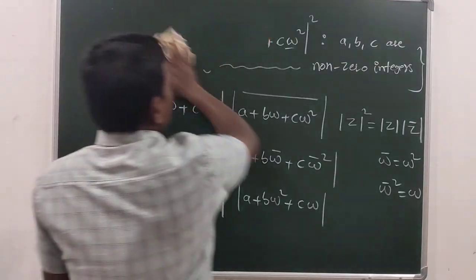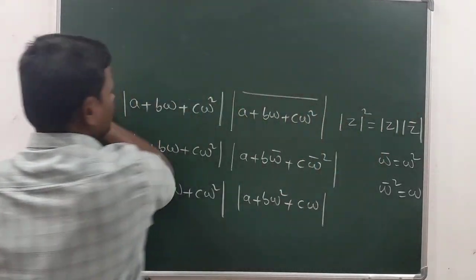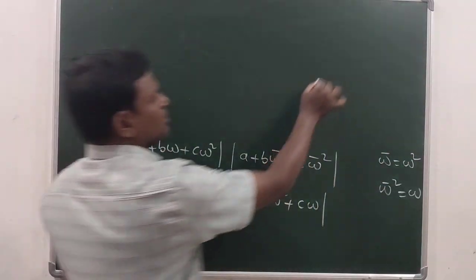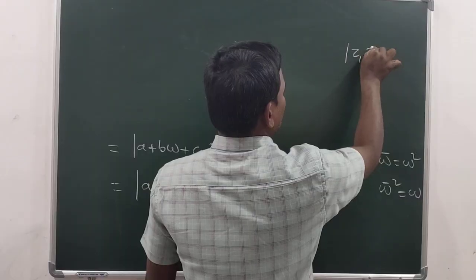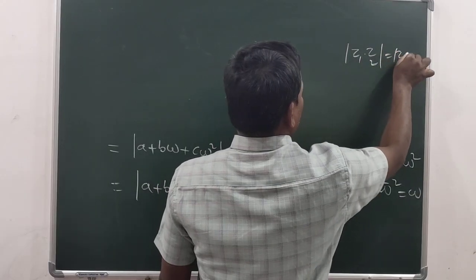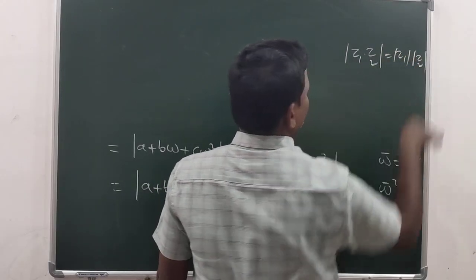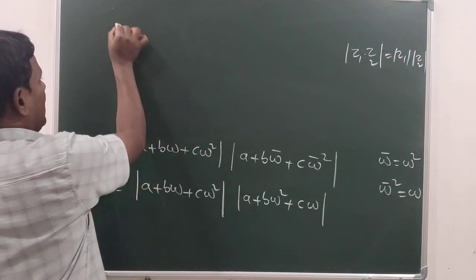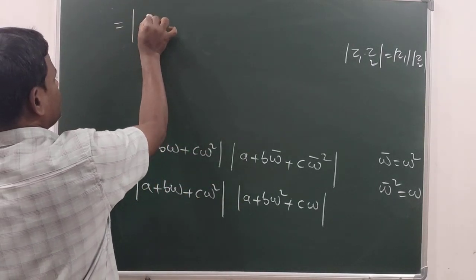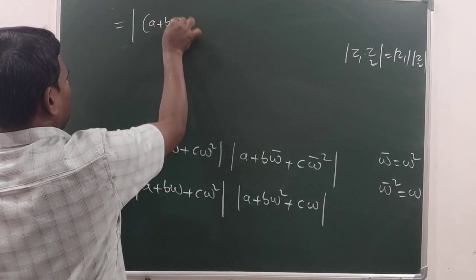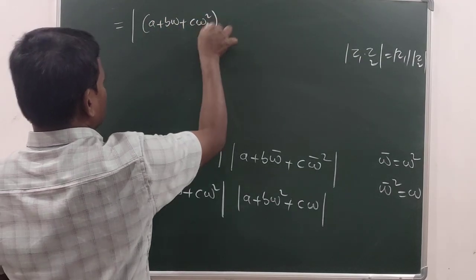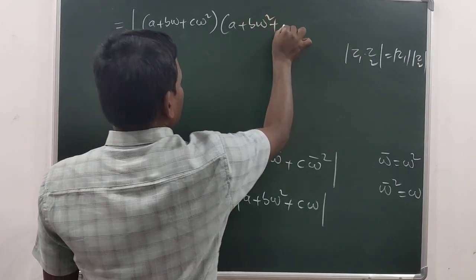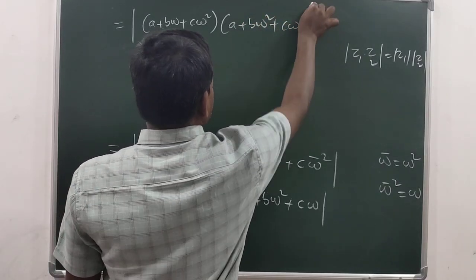Now multiply these two, because you know mod of z1 into z2 can be written as mod z1 into mod z2. Applying that, this can be written as mod of a plus b omega plus c omega square into a plus b omega square plus c omega.